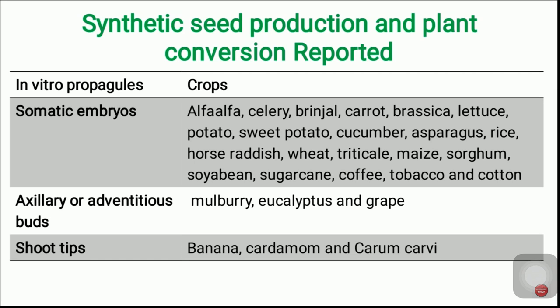Whereas axillary or adventitious buds have been demonstrated for the production of artificial seeds in mulberry, eucalyptus and grapes. Shoot tips have been demonstrated for the production of synthetic seeds in banana, cardamom and Carum carvi.